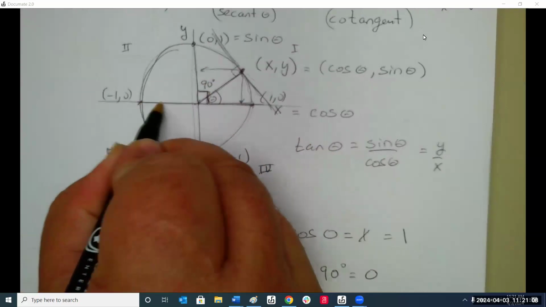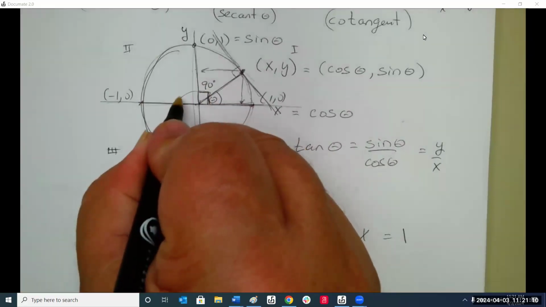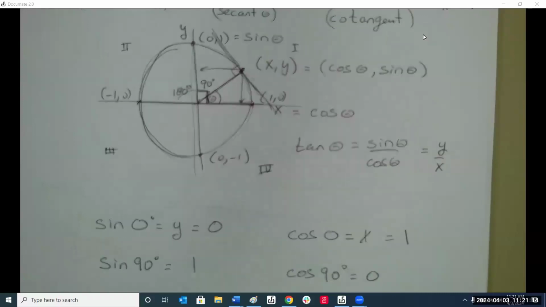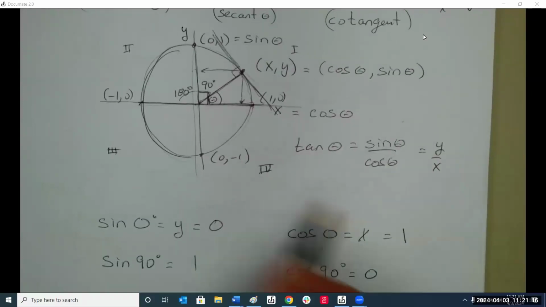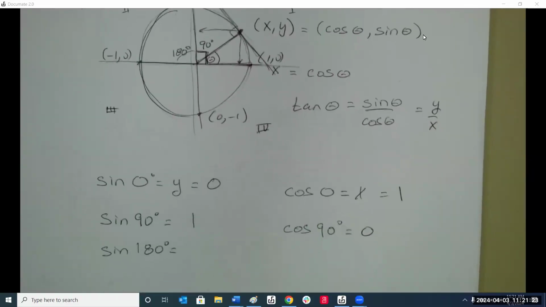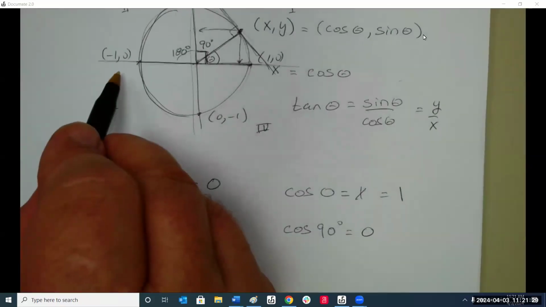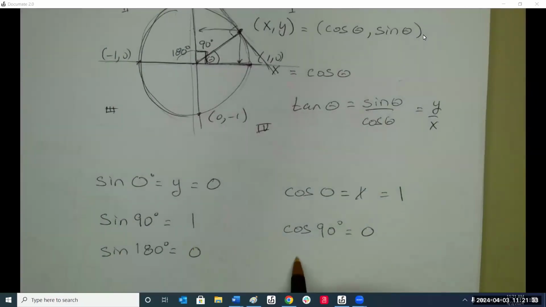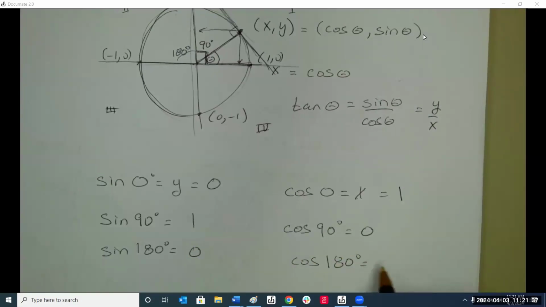So if we go 90 degrees more, we're now at 180 degrees. So the sine at 180 degrees is what? What's the y value at 180? 0. What's the cosine of 180? -1.